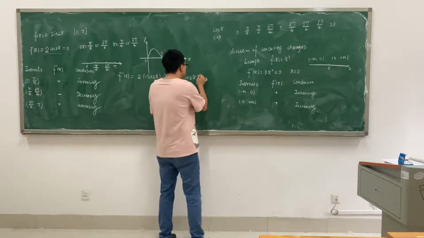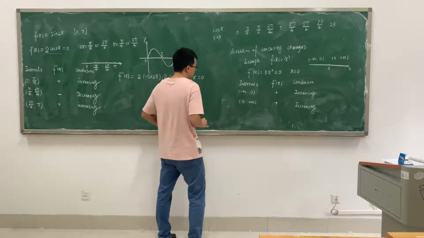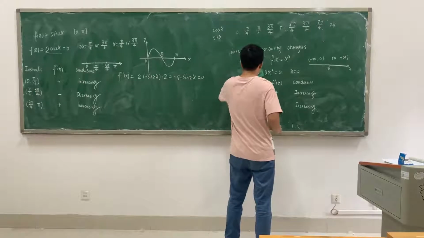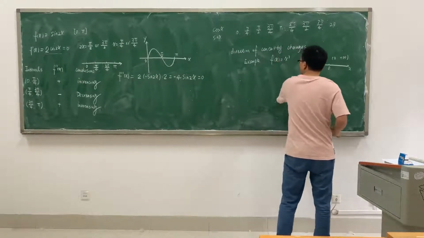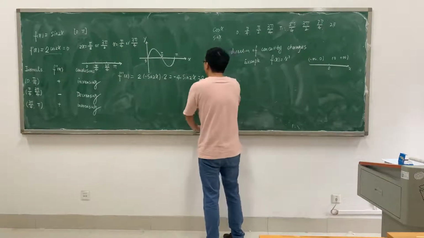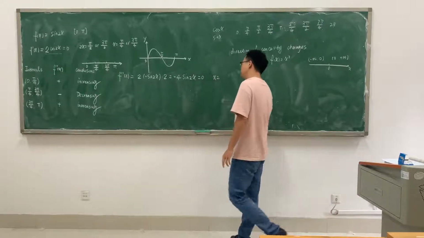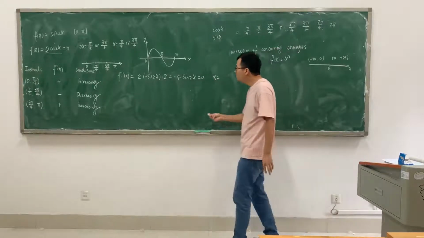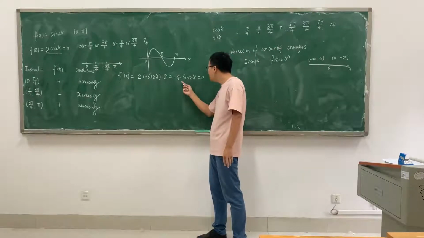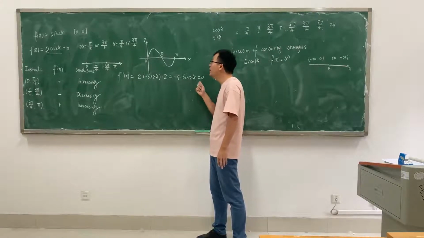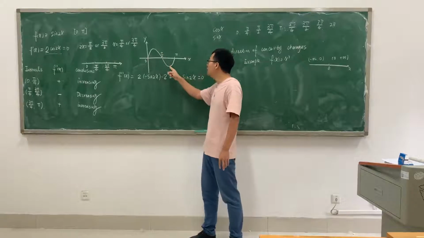We let it equal to 0, so x equals what? Now we can see this equal to 0 means sine 2x equals 0, yeah? Sine 2x graph is like this.